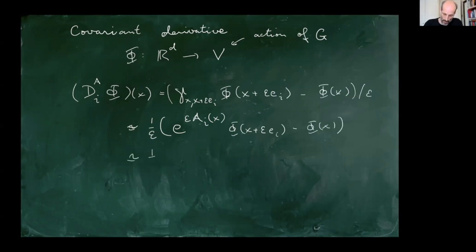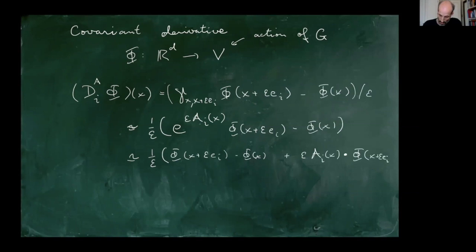But then I just do a Taylor expansion, and so I just see that this is phi of x plus epsilon e_i minus phi of x plus epsilon A_i of x acting on phi of, well, say x plus epsilon e_i. Right?